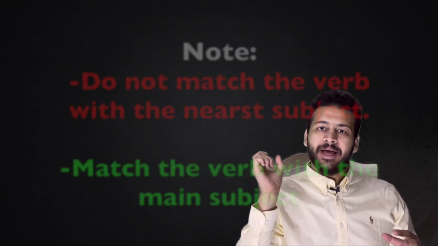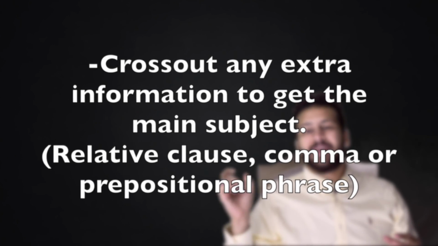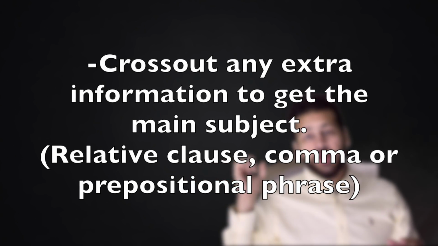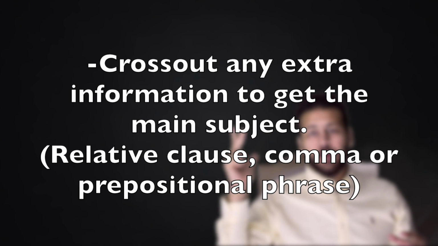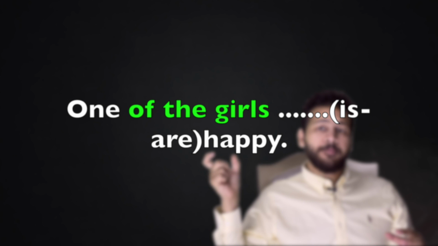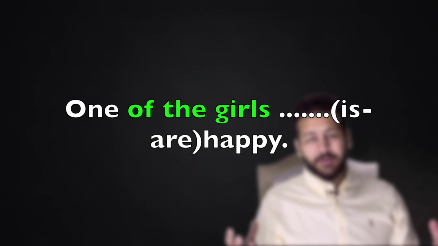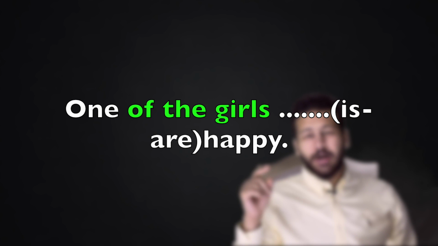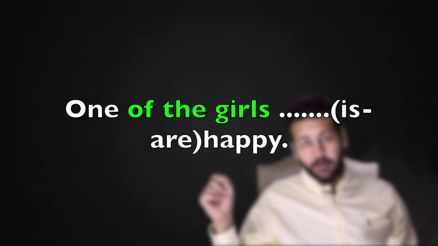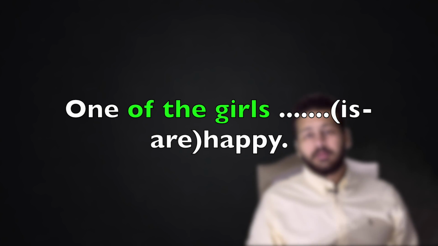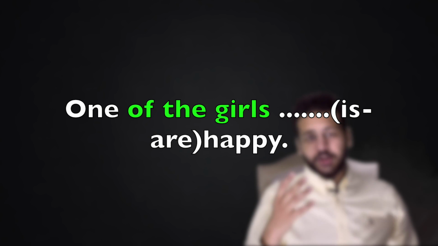And in order to get the main subject, you need to cross out any unnecessary information. You need to cross out any comma, relative, or prepositional phrase. Is there a prepositional phrase here? Yeah, of the girls. Let me remind you what a prepositional phrase is. It starts with a preposition, ends with a noun. If you don't know the prepositional phrase, you can get back to the previous videos and check it out.